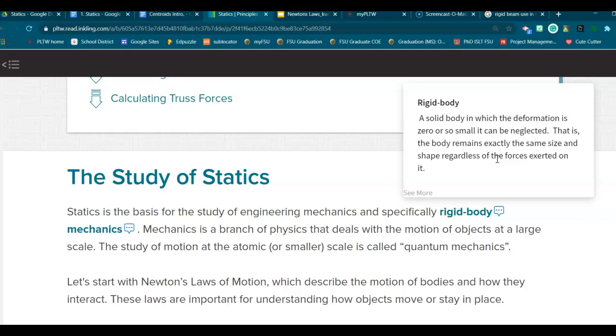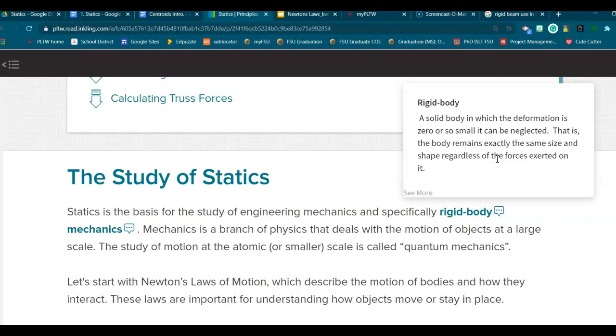Meaning those beams we were looking at, say you put an elephant on the beam, you're probably not going to see the beam bend, although it might be bending, but you can't really tell. Or when the elephant gets off, it goes back to normal, so you can ignore it, but you need to know it's there. And that's what they're talking about.